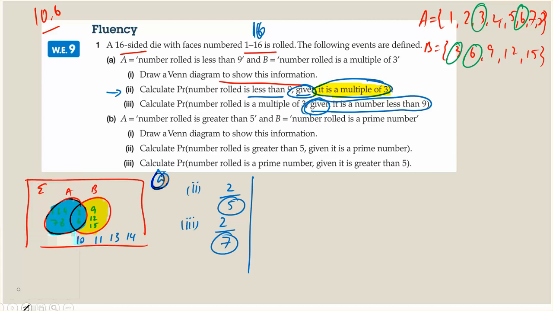A prime number is a number that can only be divided by itself and 1. So 1 is a prime number, 2 is, 4 is not a prime number because 4 can go into 2. 5 is a prime number, 6 isn't, 7 is, 8 isn't, 9 isn't, 10 isn't, 11 is, 12 isn't, 14 isn't, 15 isn't, 16 isn't.